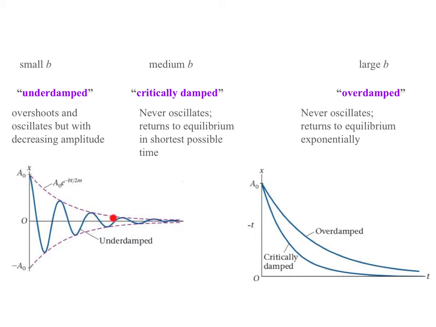And so the amplitude of the motion decreases, even though it's oscillatory, and it's tracked by this so-called envelope, an exponential. The amplitude itself is now a function of t, an exponential function of t.